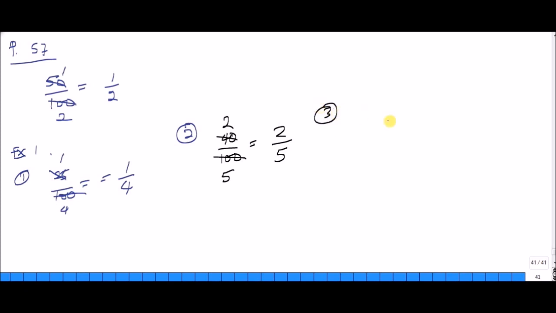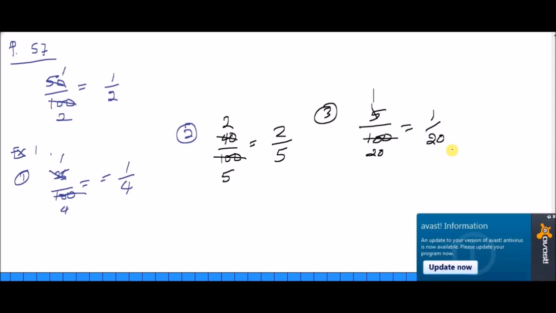Let's look at one more. 3. What fraction of $1 is 5 cents? So this would be 5 over 100. Remember, 100 cents make the dollar, and we want to know what 5 cents is as a fraction. 5 into 5 one time, and 5 into 100 goes 20 times, so it would be 1/20th. Okay?